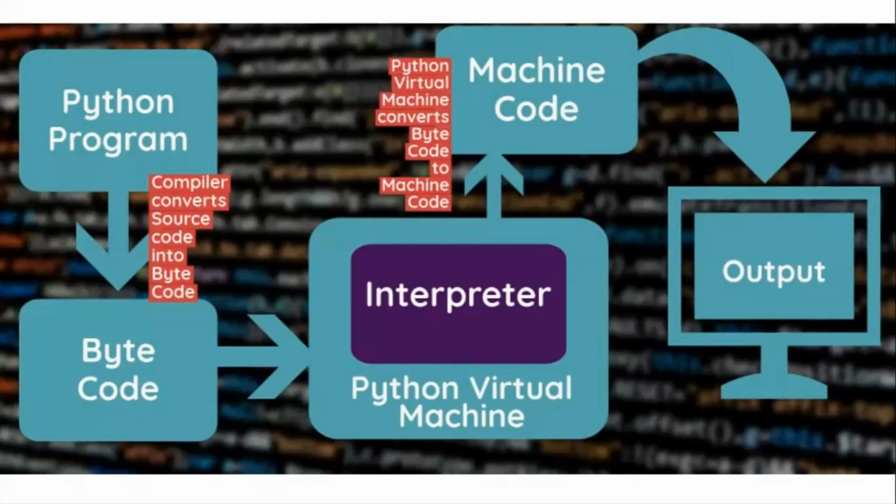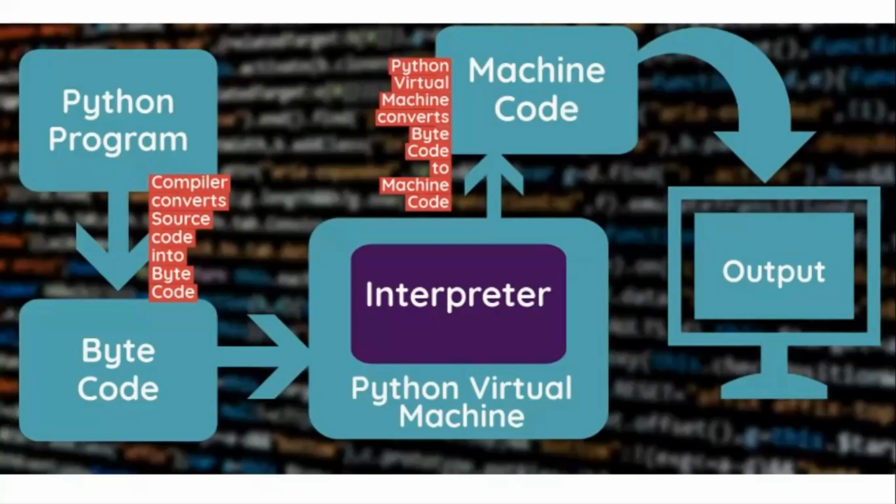Whenever we have got our Python program, the compiler of Python converts the source code into bytecode. Once the bytecode has been formed, it is given to the interpreter. Then the Python interpreter runs in a virtual machine, and it converts the bytecode into machine code.